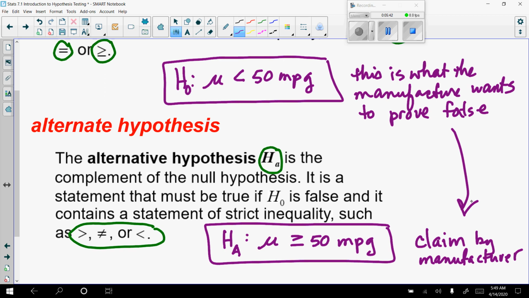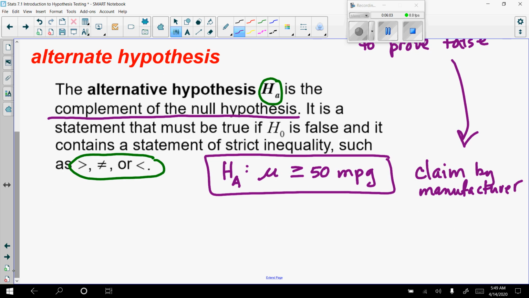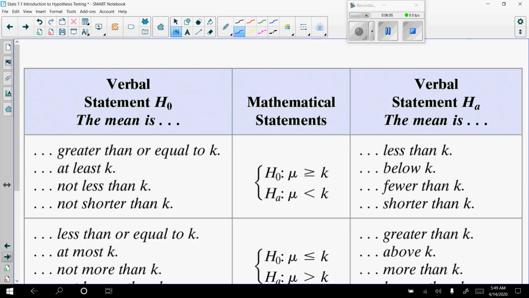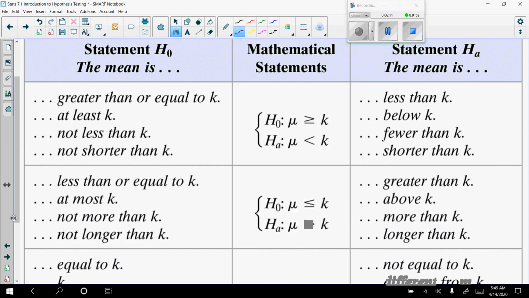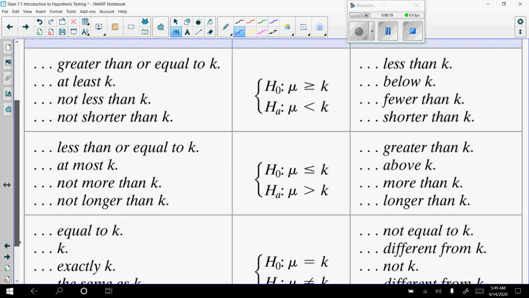They want to have this happen so that they can say that theirs is unusual. Remember, the alternate hypothesis is always the complement of the null hypothesis. So since the mean is greater than or equal to 50 here, the complement would be the mean is less than 50. These are examples of how you can write your null and alternate hypothesis statements. K is some number that represents that parameter.